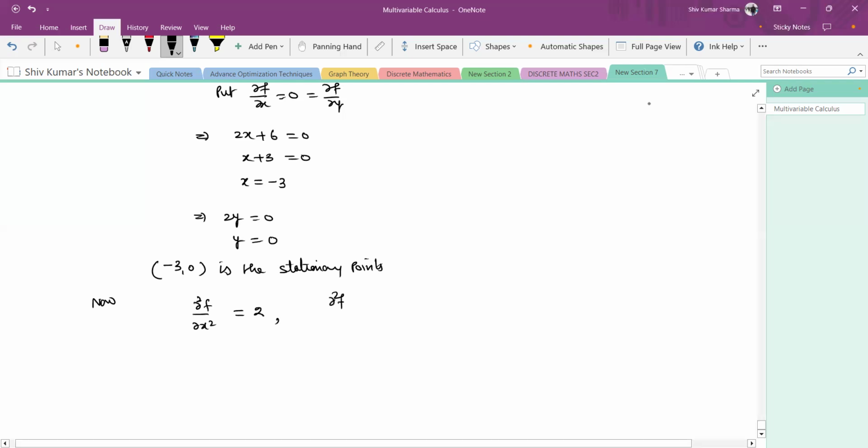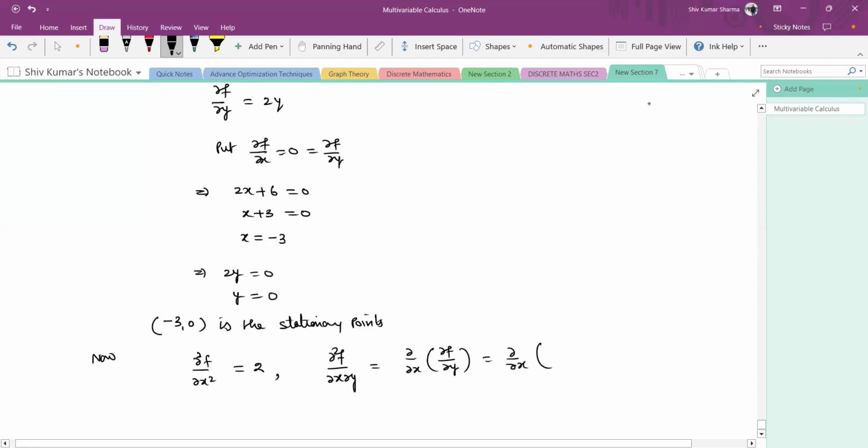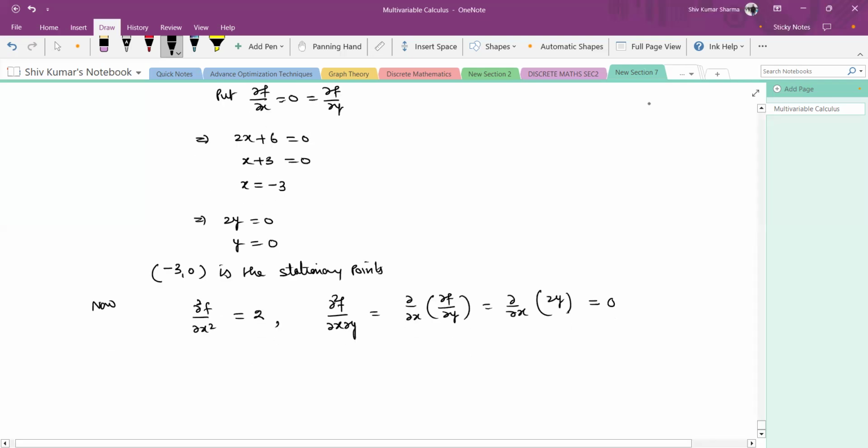Again, we calculate del square f upon del x del y, which is del upon del x of del f upon del y. The value of del f upon del y is 2y. When we differentiate this with respect to x, it gives us 0, because when we differentiate partially with respect to x, we treat y as a constant.